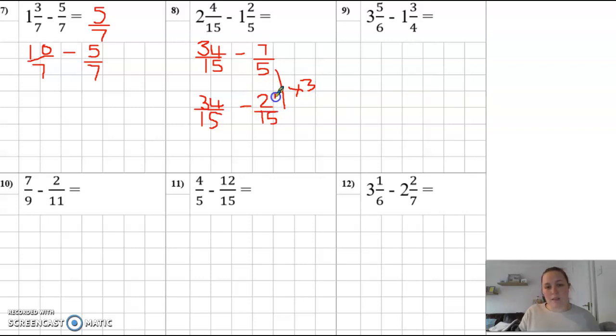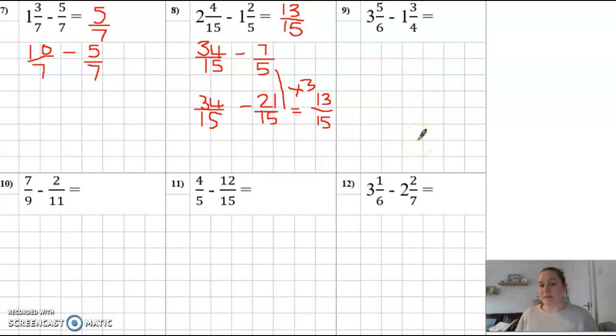So I'm left with 34, take away 21. And the answer then, 13 15ths. Now, that can't be simplified, so that's going to be my final answer, 13 15ths.